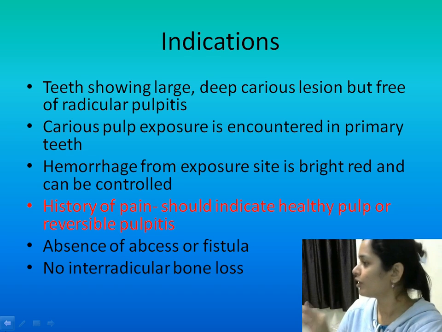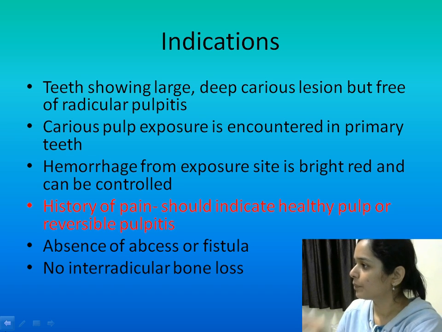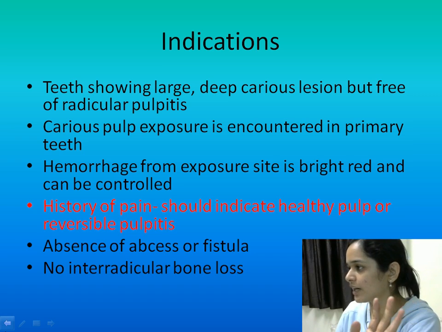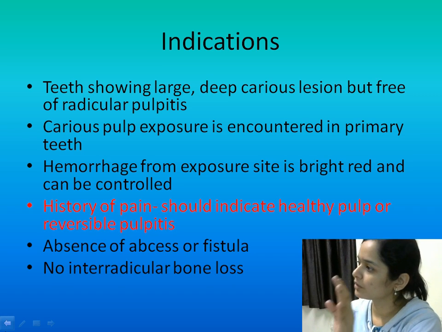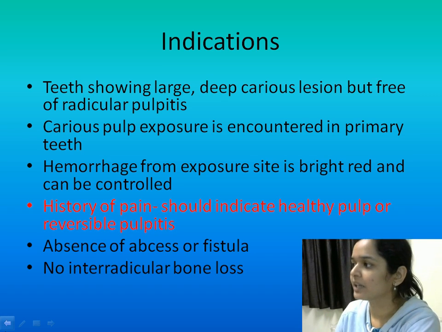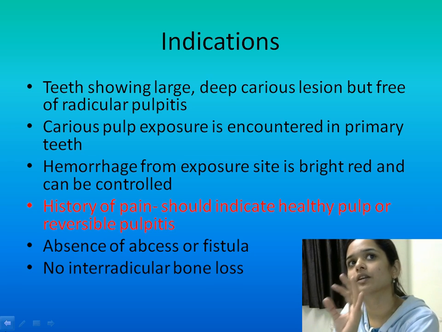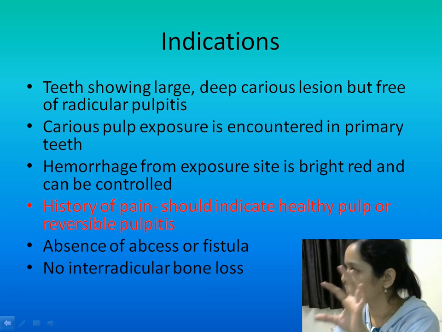It is first of all based on the symptoms. If the patient gives a history of night pain or spontaneous pain, you already know that the inflammation has reached the radicular pulp. If the patient does not give a history like that, then you can still think that the radicular pulp may be vital and healthy.